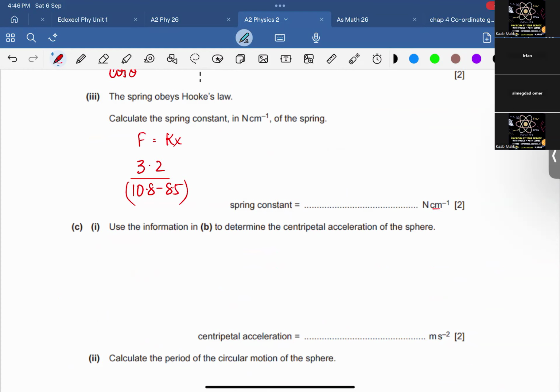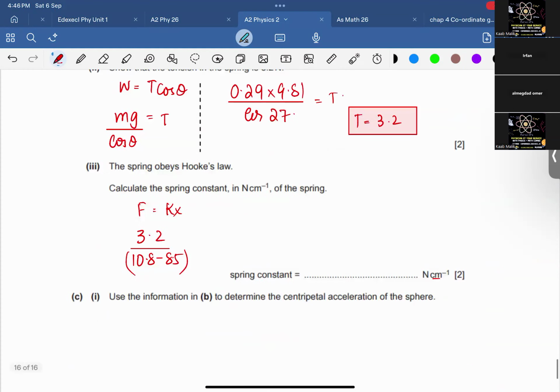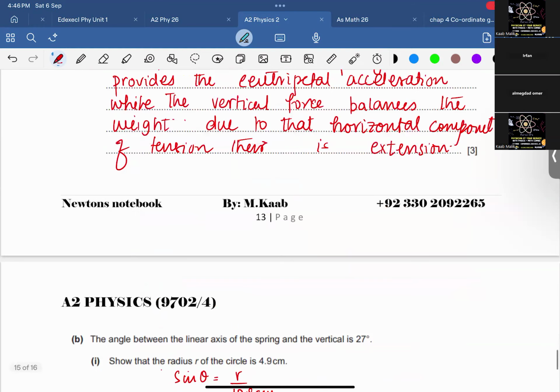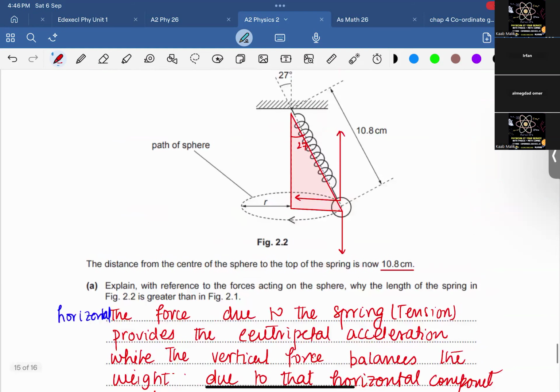We have 3.2 force acting vertically upward, in this direction, and the downward force is in this direction.